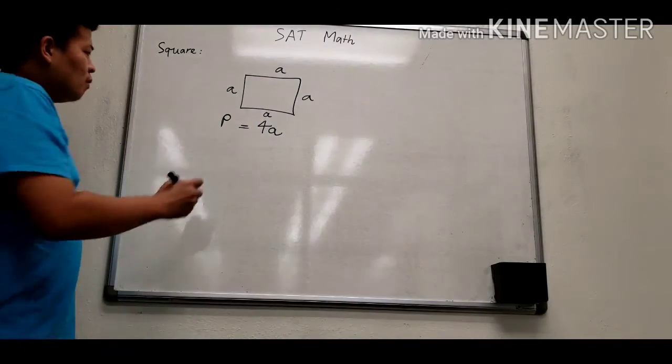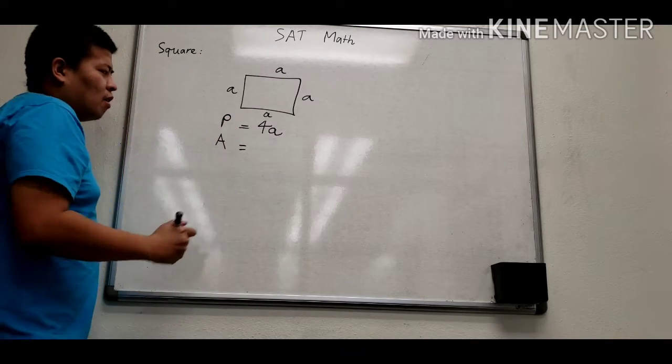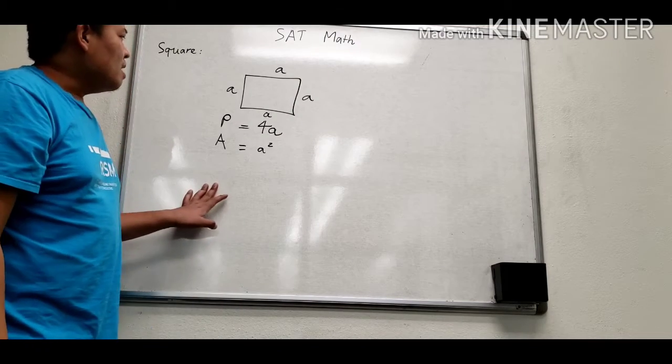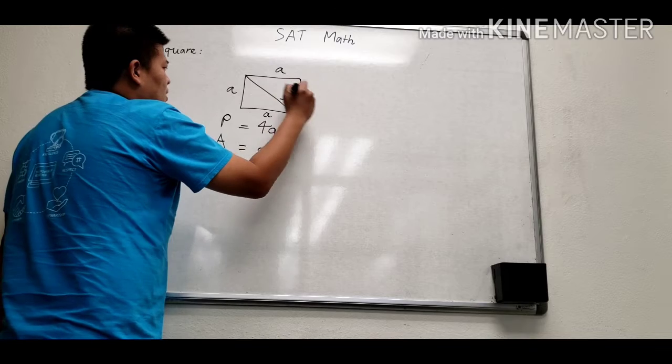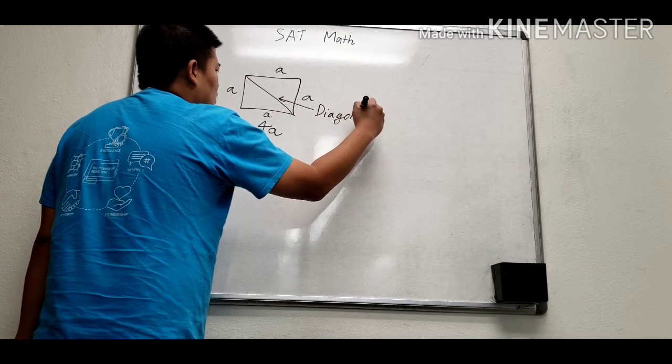And the next one we have studied is the area. The area of the square is a power 2. And the next one is the diagonal.